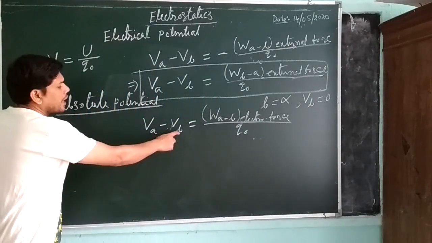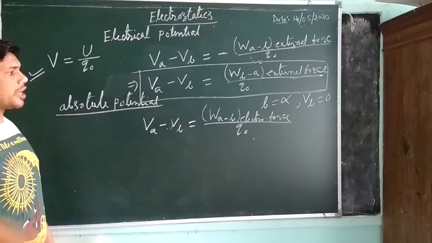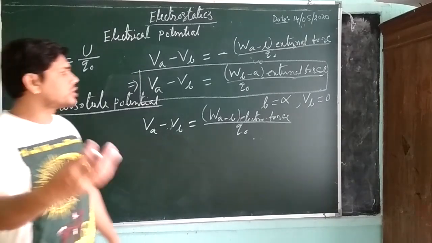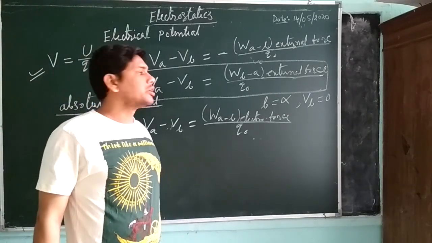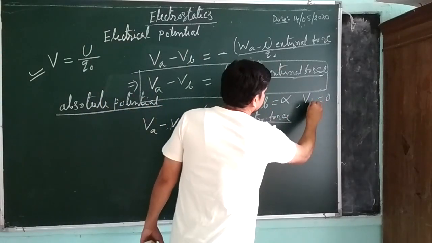At B point we have considered it is situated at infinite distance, and we know that potential at infinite distance will be 0. So VB equals 0.